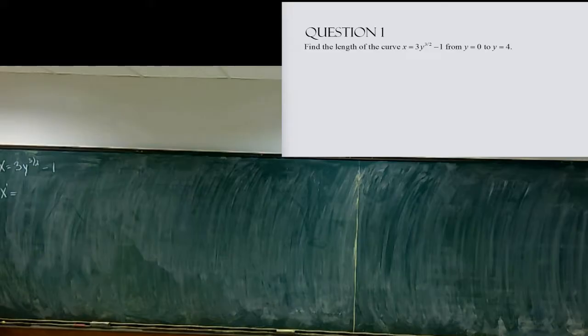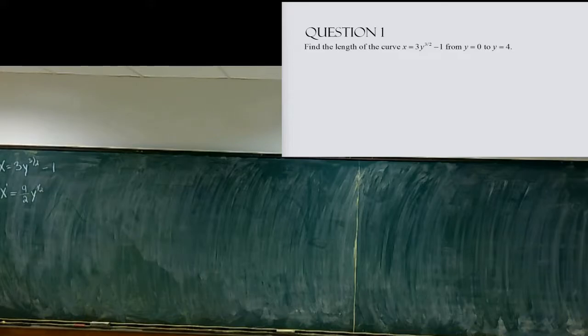We want x prime. So what is x prime? Nine over 2 square root of y, or 9 halves, y to the 1 half.